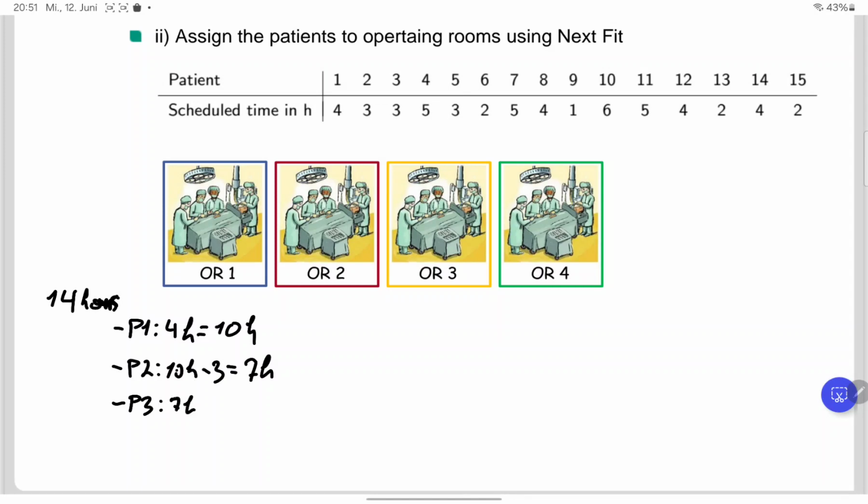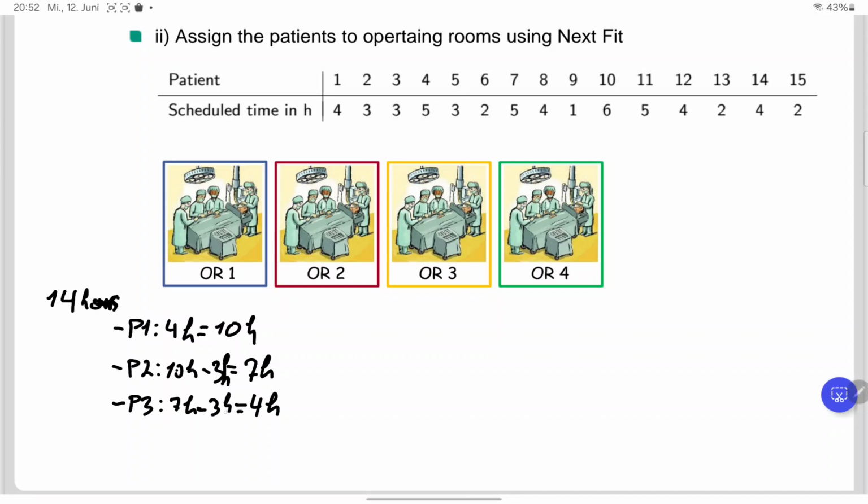So 7 hours minus again 3 hours, and this would give us 4 hours that are left in this operating room. So we can assign a patient that has still 4 hours left. Unfortunately, the fourth patient requires 5 hours.